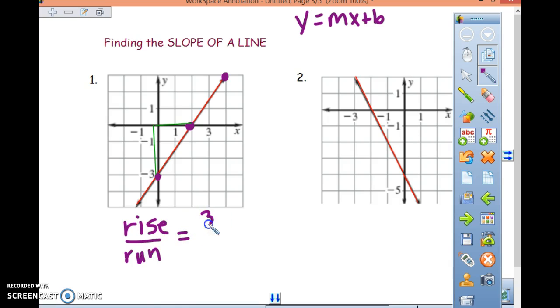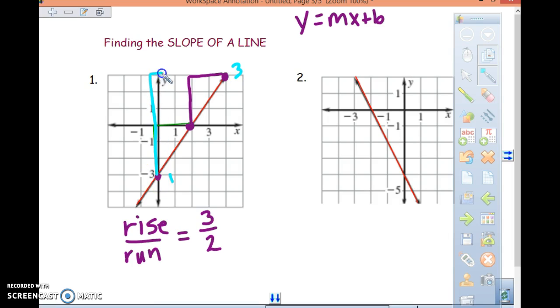So up 3 is positive, forward 2 is positive. Double checking with the next ordered pair, up 3, forward 2. If I would have went from the first point to the third point, I would have gone up 6, forward 4. Notice how that would have reduced to 3 halves. So always reduce your slopes.